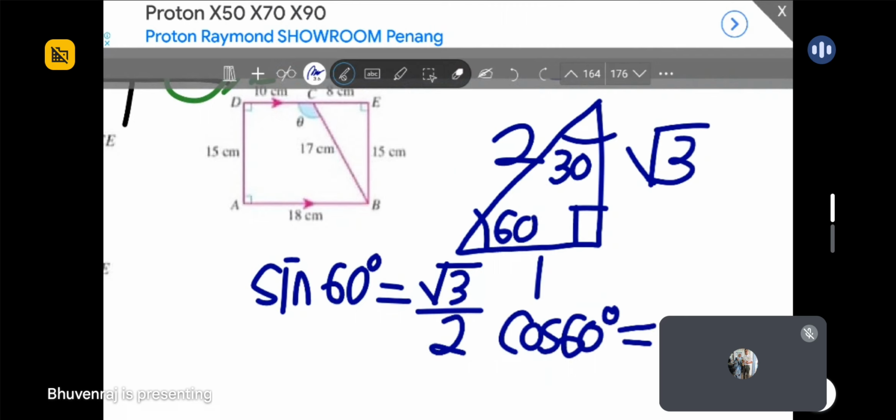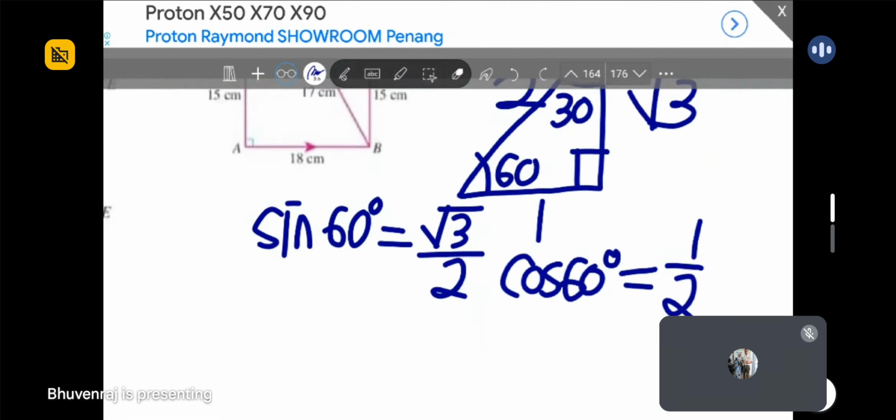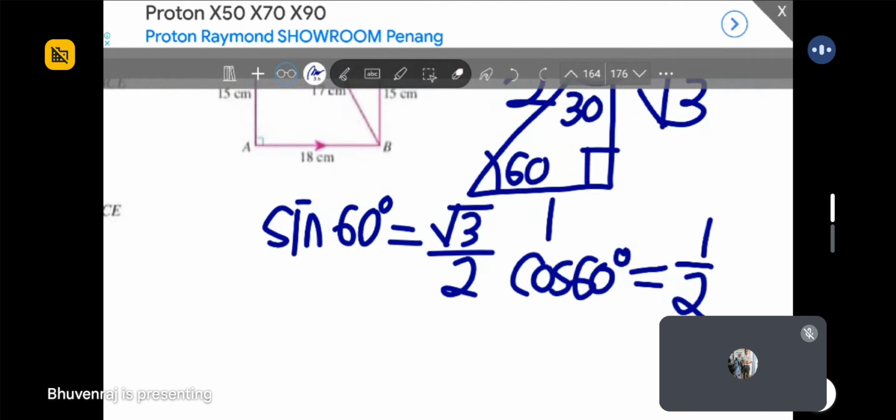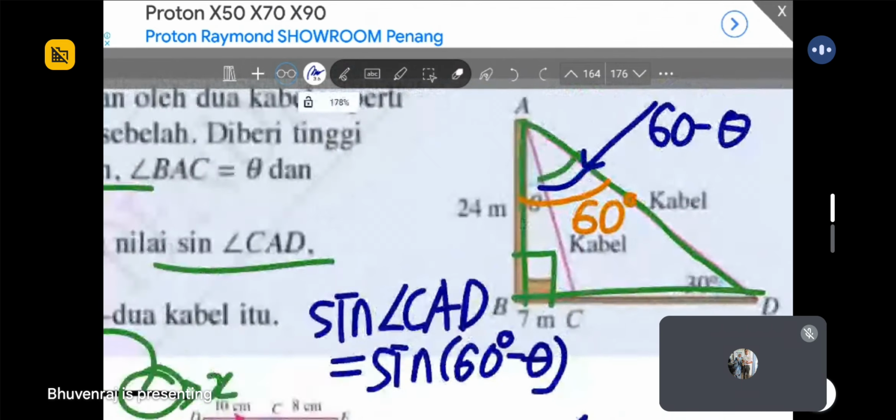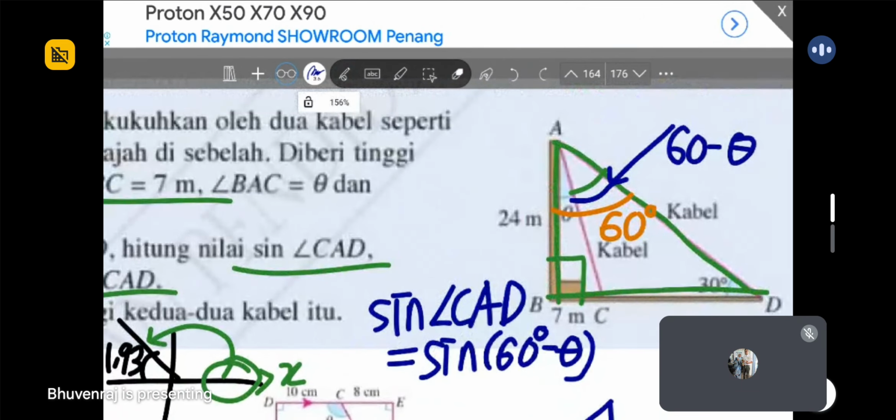Alright. So now, how about cos 60? Adjacent over hypotenuse. Bersebelahan bahagi hypotenuse. So your answer should be 1 over 2. Alright. So now, for sine theta and cos theta, you can refer to the triangle here. Lihat ABC.